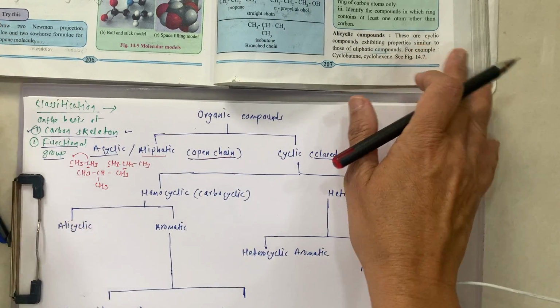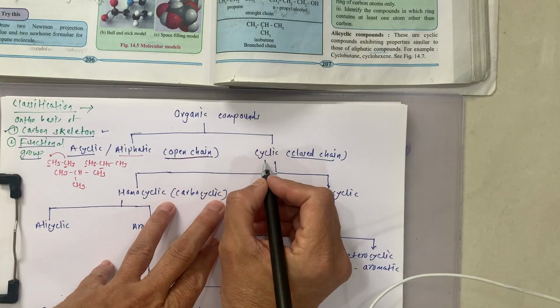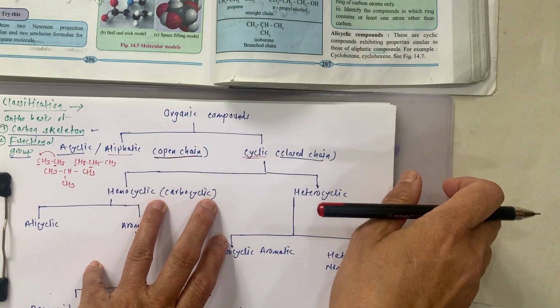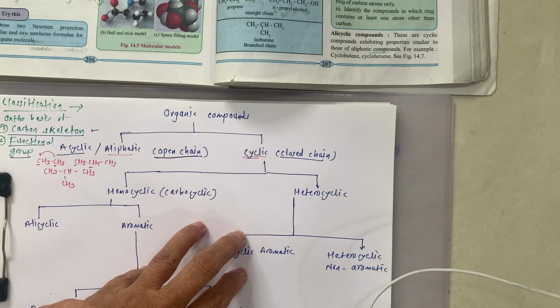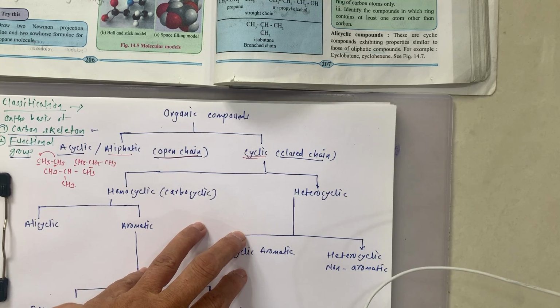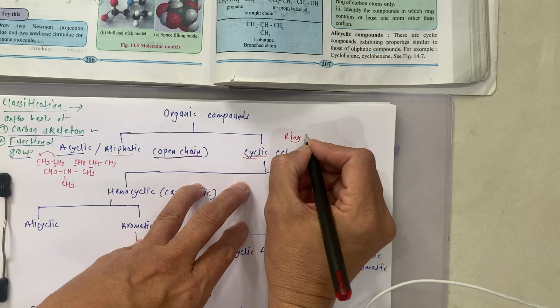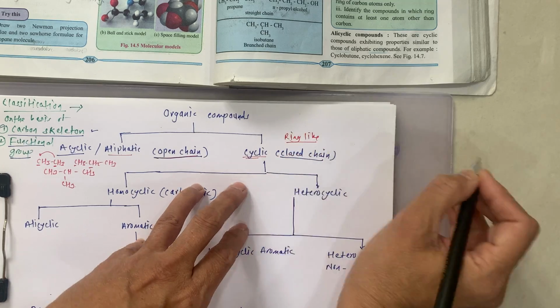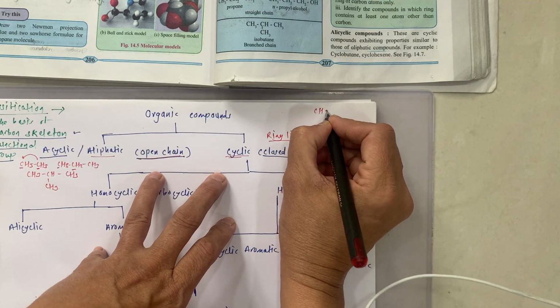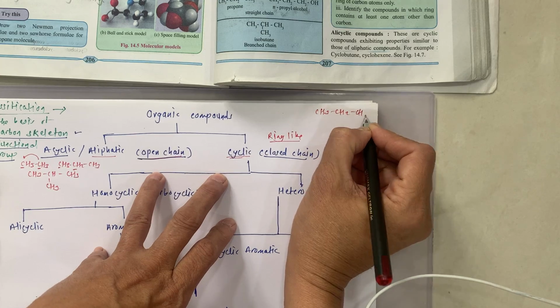Now we will see cyclic compounds. These are the compounds in which molecules are formed by joining atoms to form a ring-like structure. This is very important. What does ring-like structure mean? Suppose this is our propane, a straight chain compound.